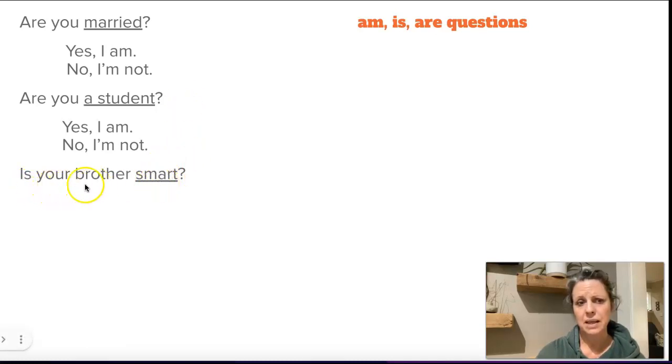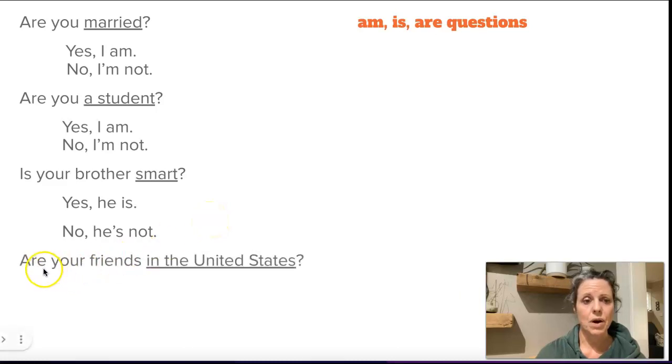Is he smart? Yes, he is, or no, he's not. No, he is not. Are your friends in the United States? Yes, they are. No, they are not.